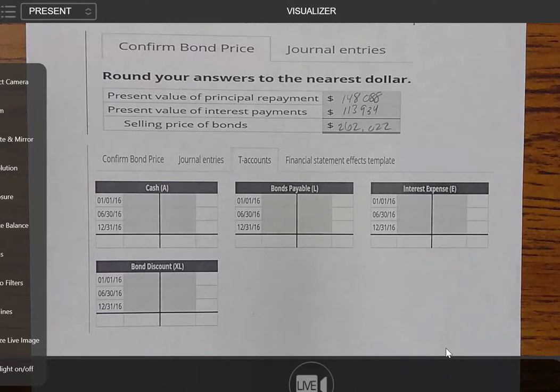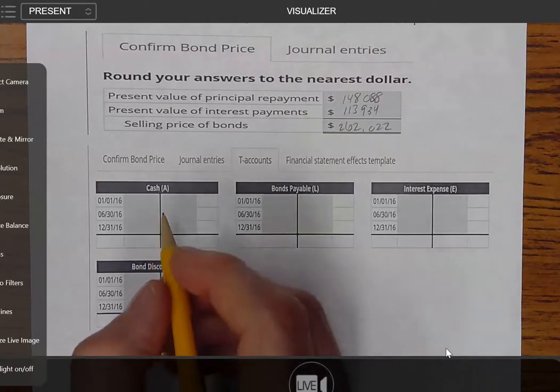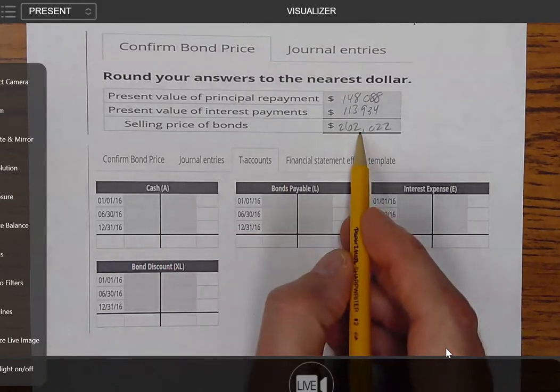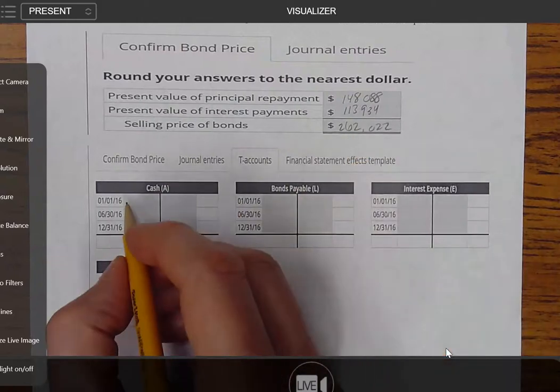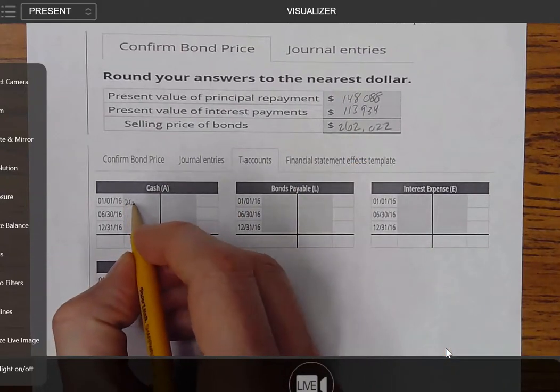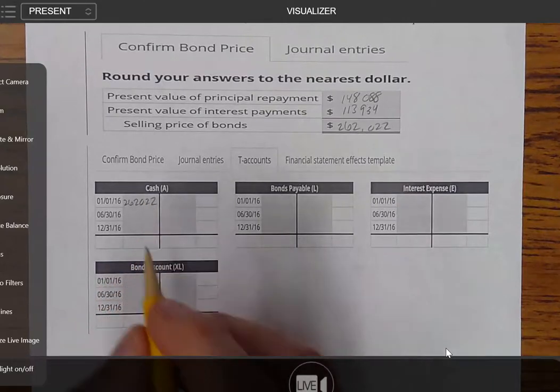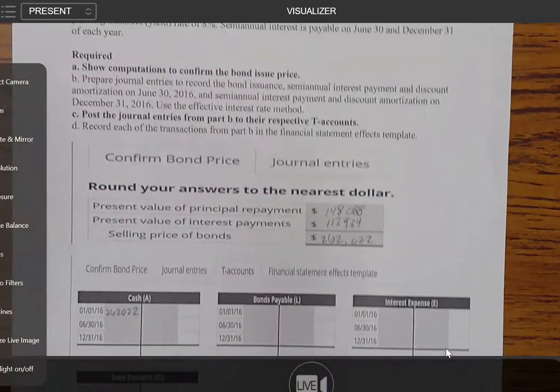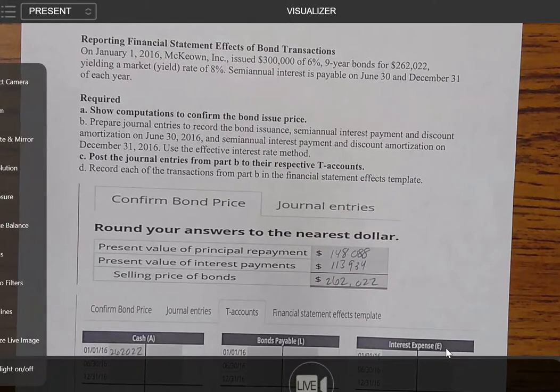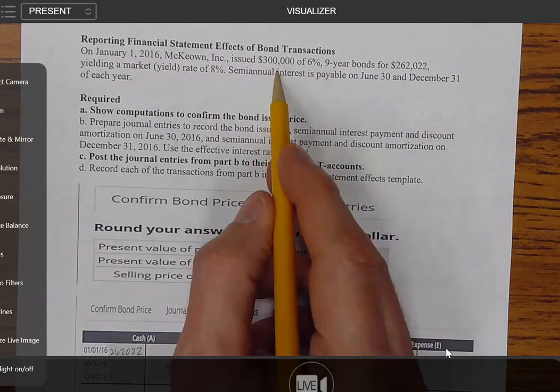So, what happens on January the 1st of 2016? Well, let's just start with cash because we've got it. We can just use this figure here. And cash is an asset, so we're going to increase cash on the left side. Then, we probably know this already, but the liability amount never changes.